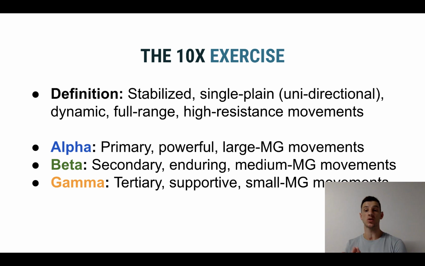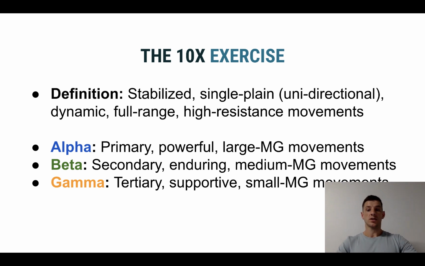They are not mandatory. You don't have to actually include them in the program. They are there for those who feel they need to work on additional muscle groups, if they have some kind of imbalance, or if they feel like they really would like to work on those areas for one reason or another.